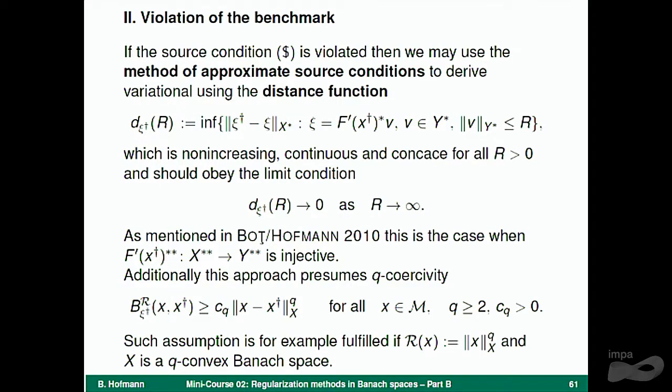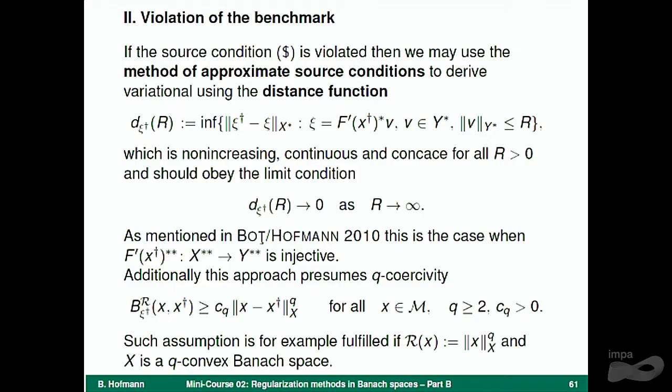Now what happens if the benchmark source condition is violated? We can again apply our method of approximate source conditions. Now again in the real Banach space situation, you take all v in X star, the dual space.